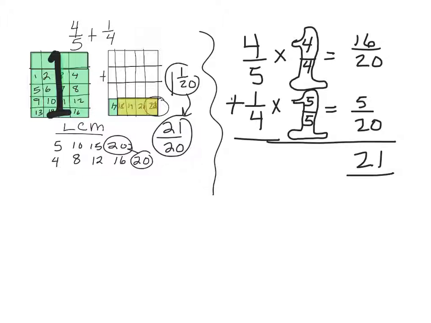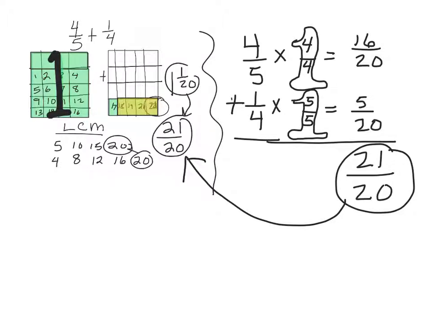And then you always just drop the denominator down, because that just tells us how many parts we've cut each of these boxes into. So I'm going to drop the 20th down here. And as you see, 21/20 agrees with our illustration right there of 21/20.